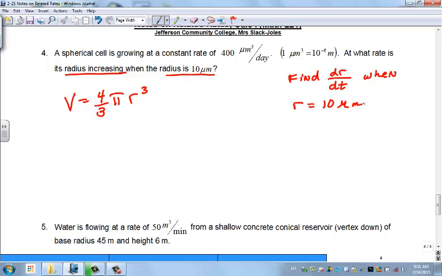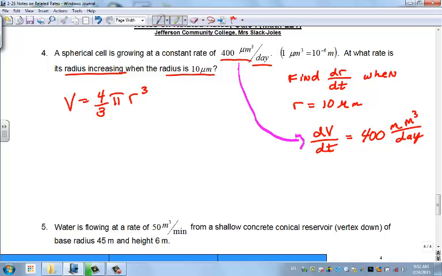And then the last thing you need to know is that rate of growth. Okay, so 400 mu meters cubed per day. Well, mu meters cubed is volume, right? So this is dV dt is equal to 400 mu meters cubed per day. That is the rate that you are given.